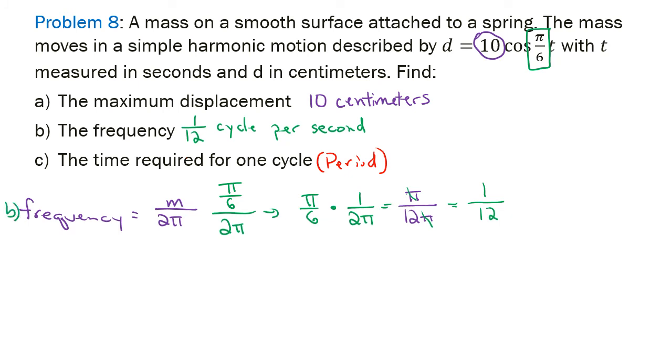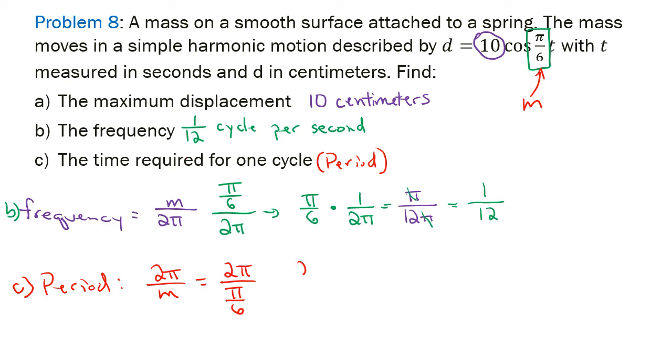Okay, to tackle C, it really just wants us to find the period. So the period, once again, that formula is 2 pi over m. And once again, our m is pi over 6. So we're going to have 2 pi over 6. That's keep, change, flip.